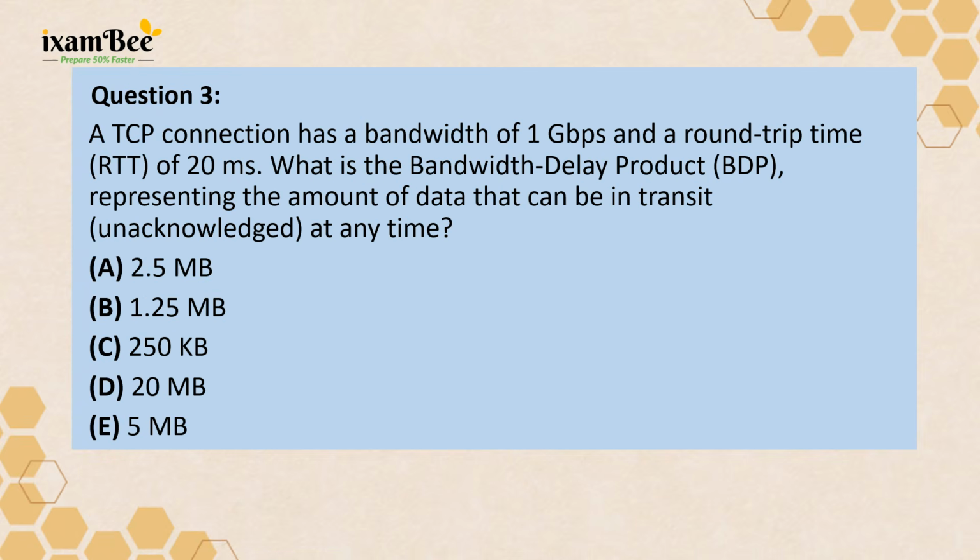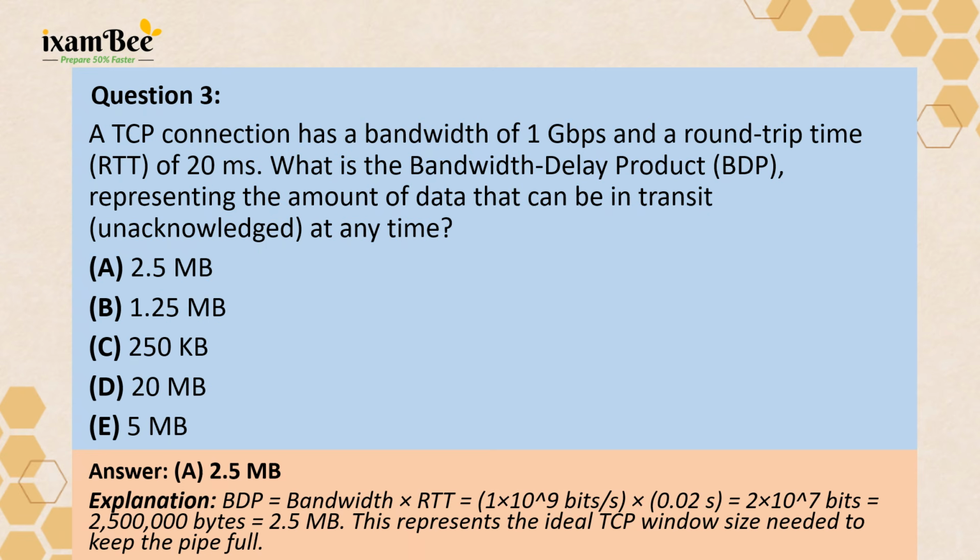Now in this question, a TCP connection has a bandwidth of 1 Gbps and a round trip time, or RTT, of 20 milliseconds. What is the bandwidth delay product, BDP, representing the amount of data that can be in transit at any time? Here the correct answer is A, which is 2.5 MB.